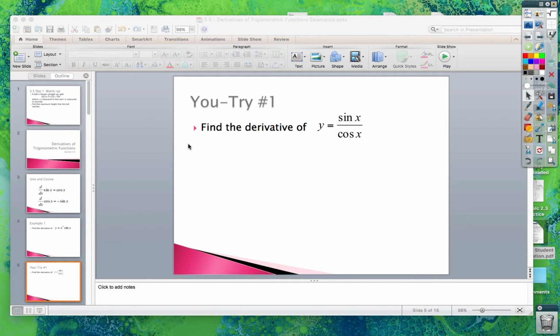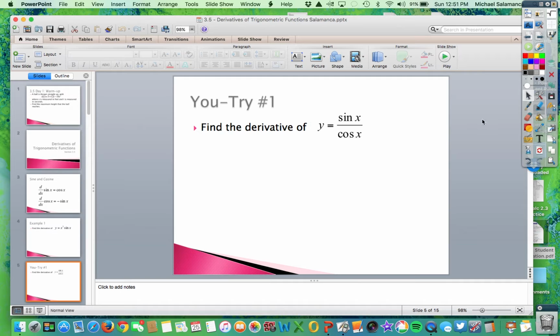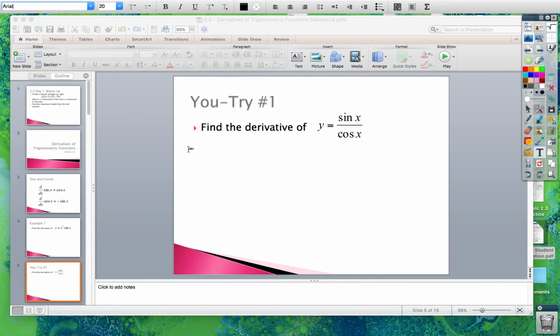So that's low d high, minus high d low, all over low squared.